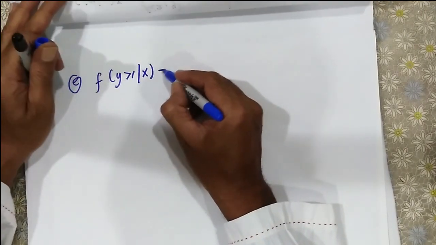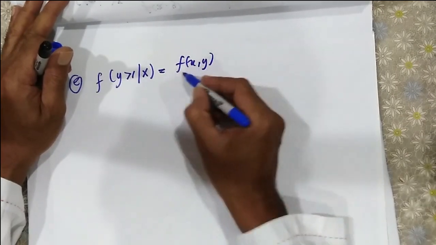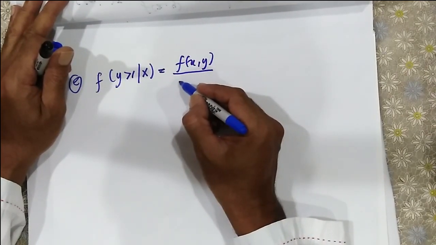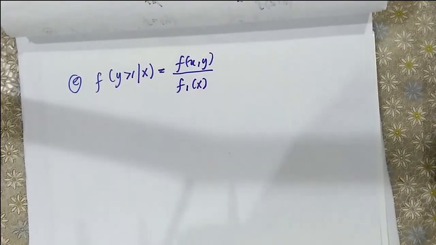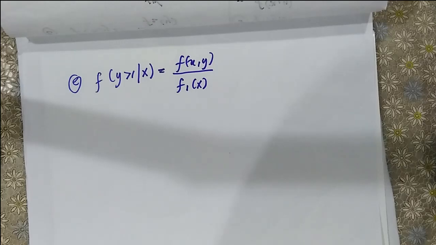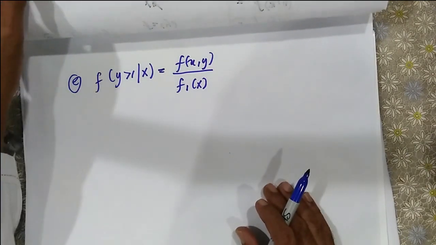This can be written as f(x,y) over f sub 1 of x.